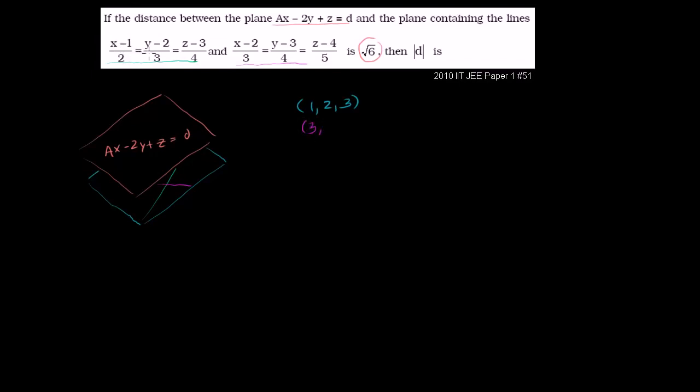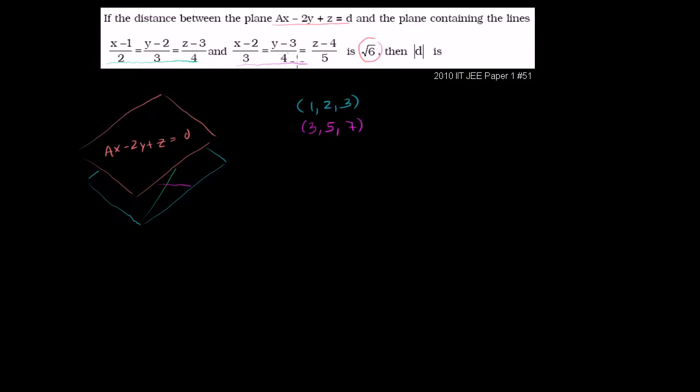If I want this to evaluate to 1, I would want 5 minus 2 over 3, so 5. And then I would want this to be 7, because 7 minus 3 over 4 is also 1. So that's another point. Both of these points sit on this line right over here: (1, 2, 3) and (3, 5, 7).